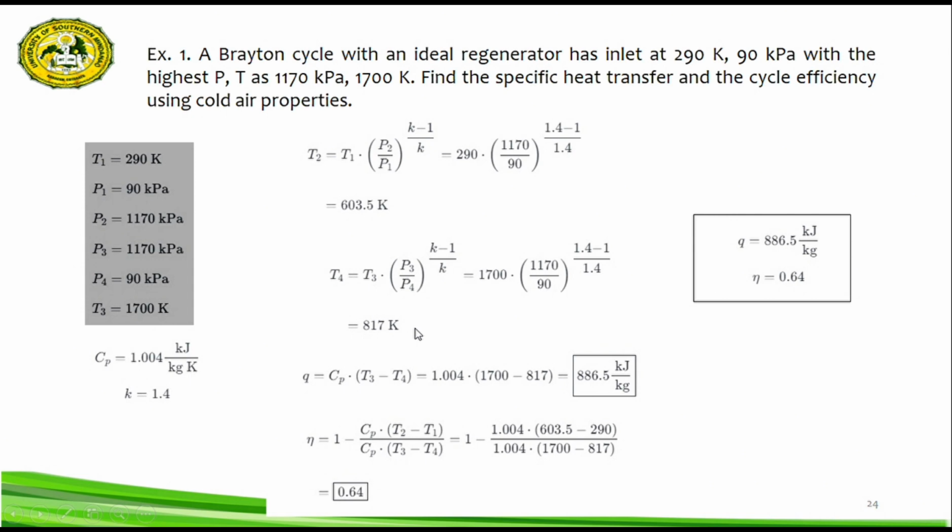To find the specific heat transfer, we have this equation: the specific heat multiplied by the temperature at state 3 minus the temperature at state 4.